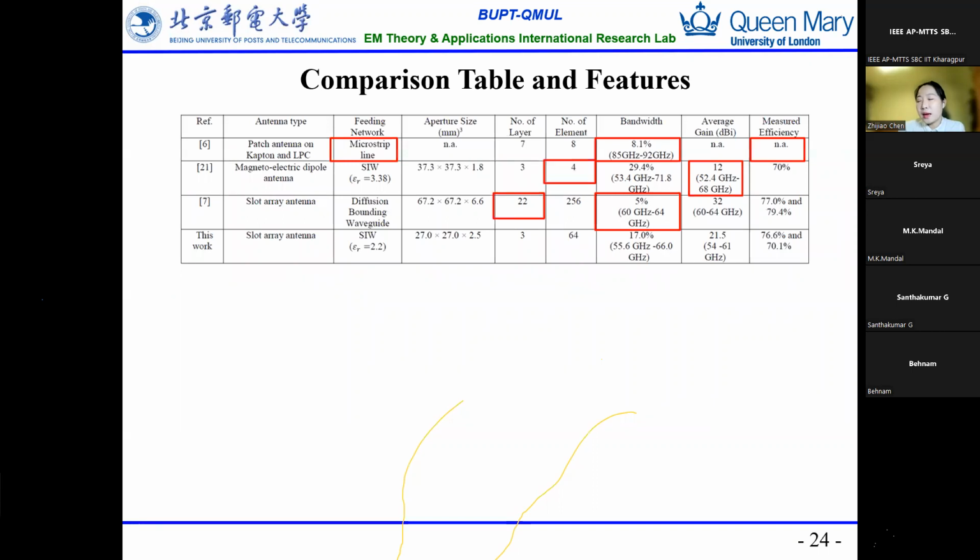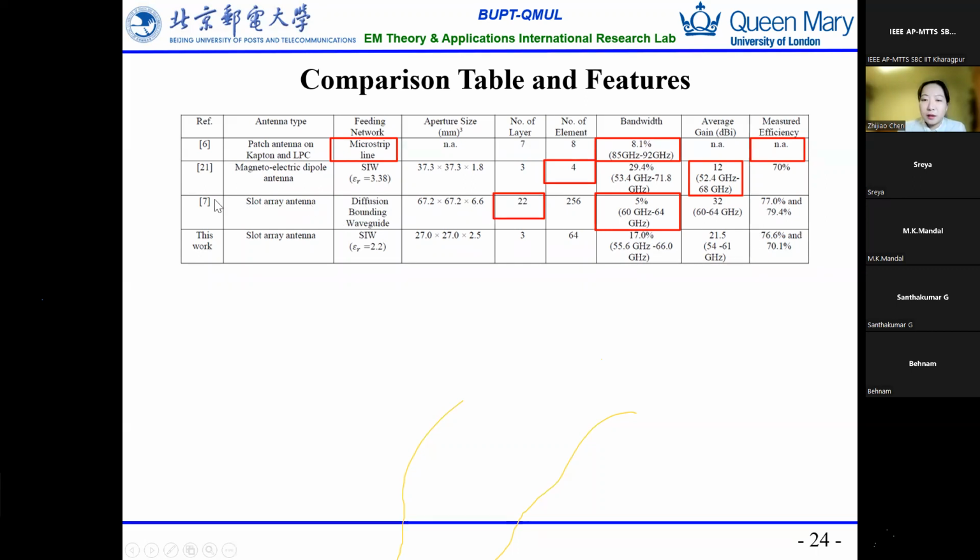Compared with the other antennas, this antenna has low loss because it uses the SIW feed network, and also reduces the number of layers compared with the previously published work. The antenna bandwidth is also enhanced, with a very high efficiency.